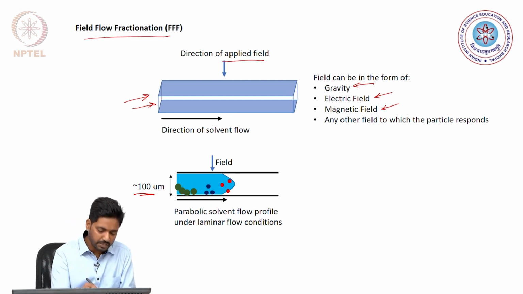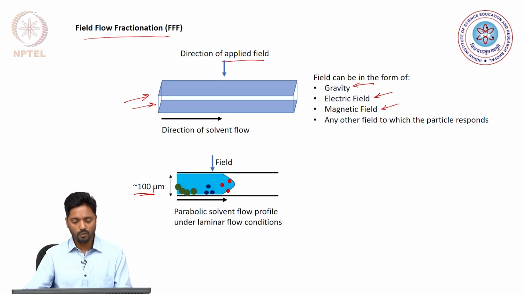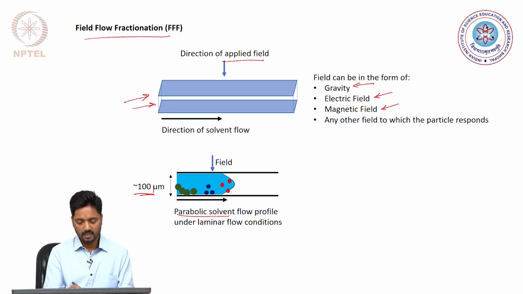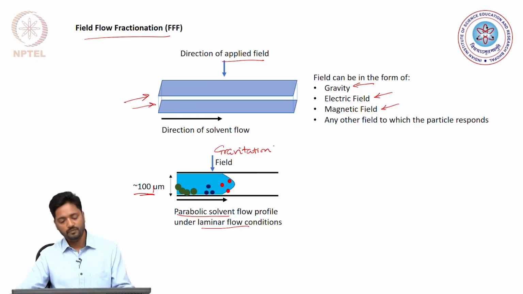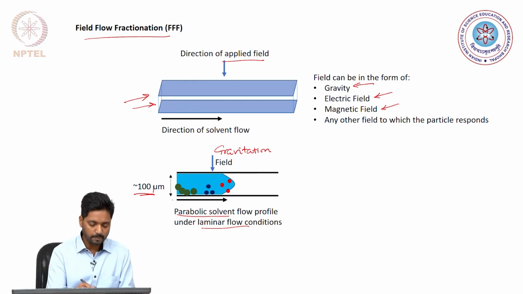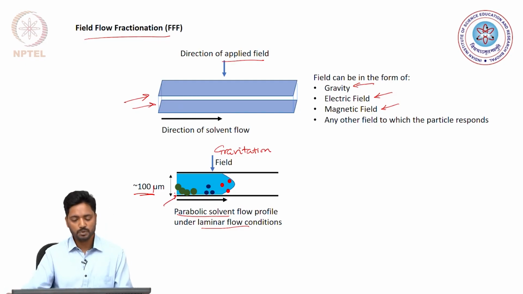So, under these conditions, the flow of the solvent follows a parabolic flow profile under the laminar flow conditions, and if the field is say a gravitational field, then we can see that the large particles respond most strongly to the gravitational field, and they will be sticking closer to the walls of this capillary.